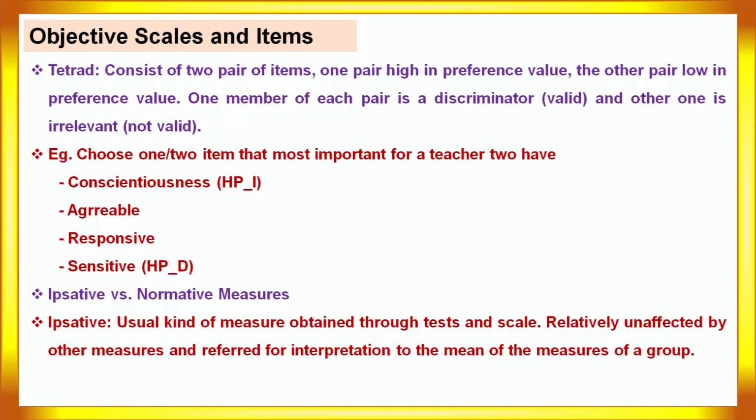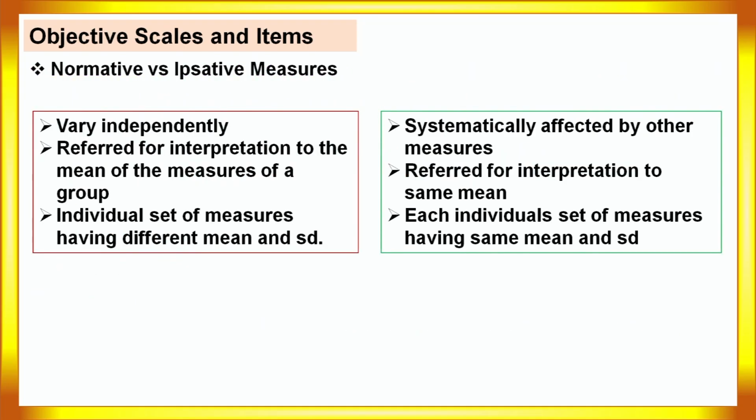As I already told, these are basically independent type, that means they are less affected by the measures of the other items, and for interpretation purposes, they are referred to the mean of the measure of a group. On the other hand, the ipsative items are systematically affected by the other measures.